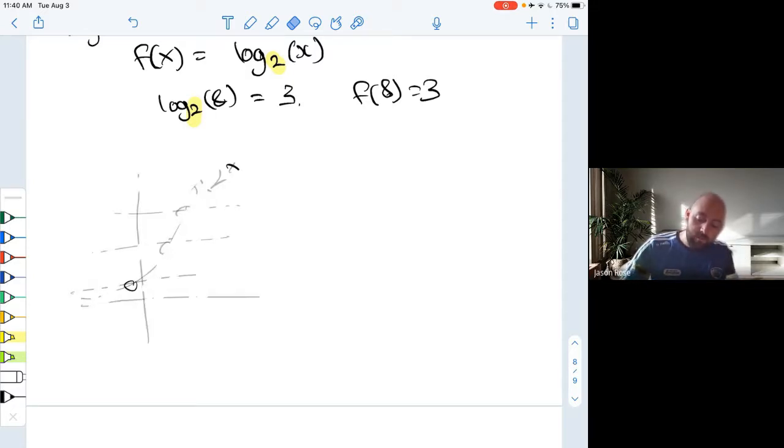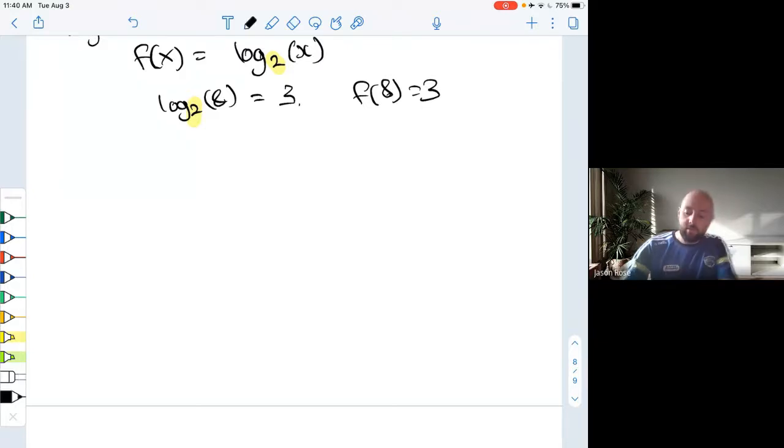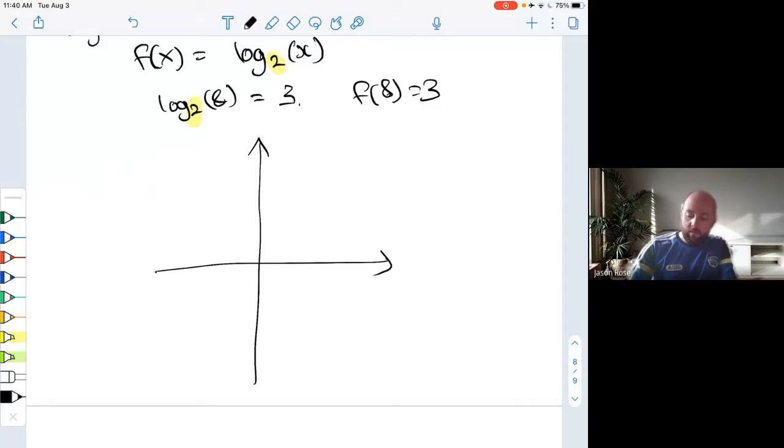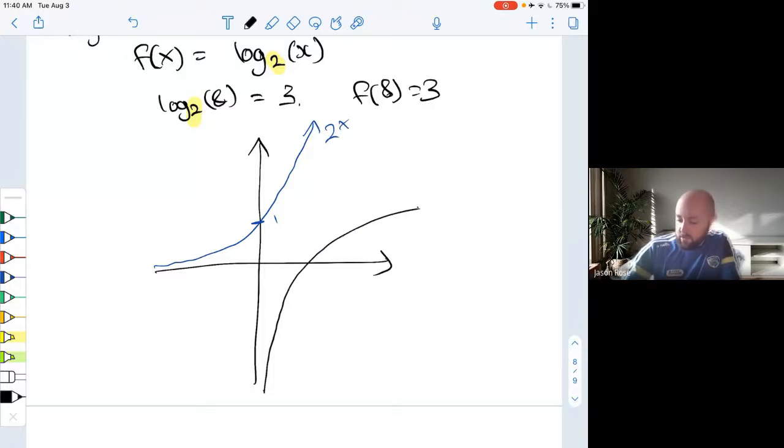I can even draw the inverse of it. If this here is 2 to the x, and that there is going through 1, then this here is going to be the log function, because it's the same thing except reflected through the line y equals x.